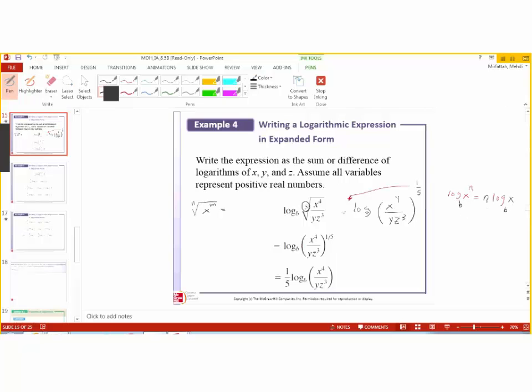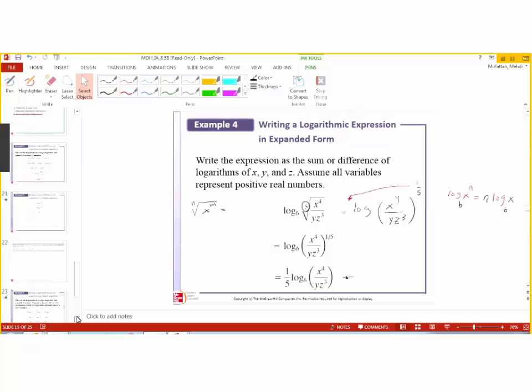The base must be the same. So that's why this would be 1/5 log of all that. Good question, anyone? Okay. So we will take that.